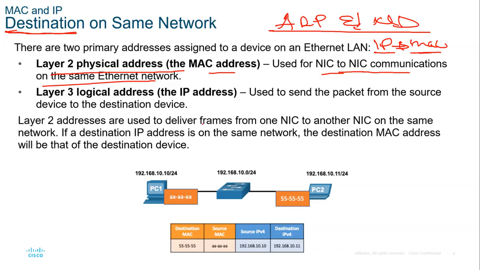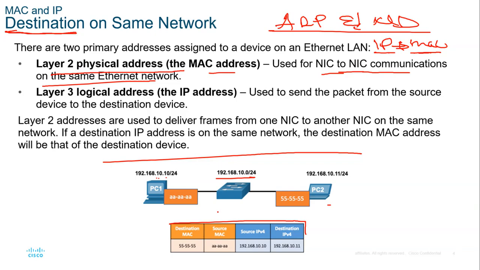For example, what we have here, this is our network address, then we have 192.168.10.1. So the MAC address will remain the same. The way it is sent here is how it's going to be received at the destination.